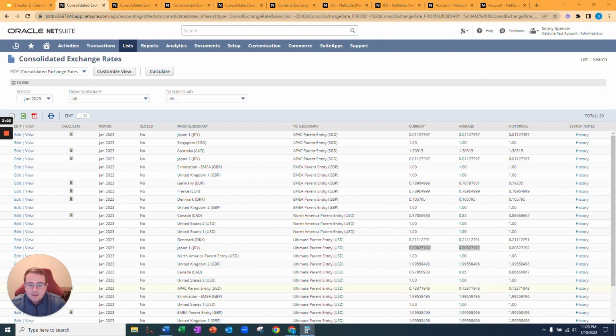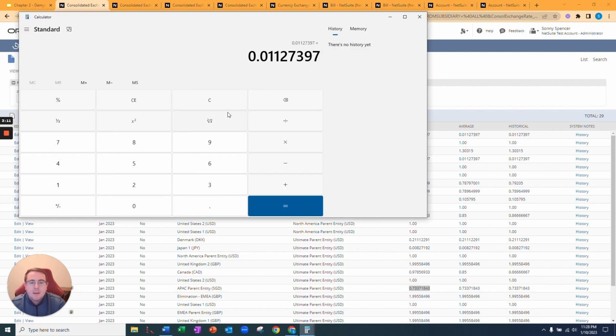So we can see here our APAC parent entity and our ultimate parent entity, the exchange rate is 0.7337843. So let's multiply that by 0.01127397. And we can see here that we arrive back at that exchange rate we saw earlier of 0.0827. And that's how you can validate the exchange rates that are derived by NetSuite.